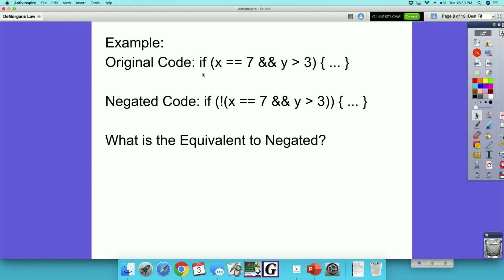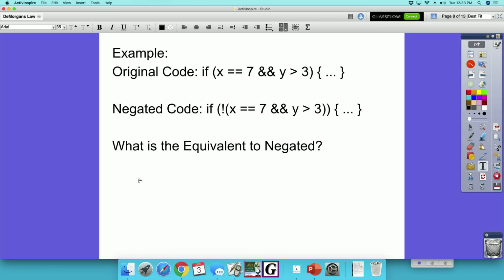All right, here's an example. If x is equal to 7 and y is greater than 3. Let's negate it. What would be the outcome?